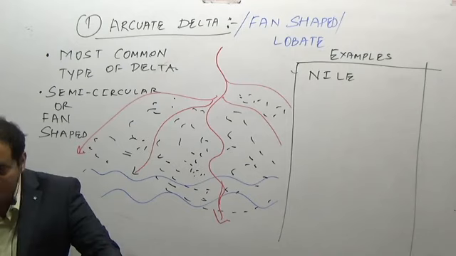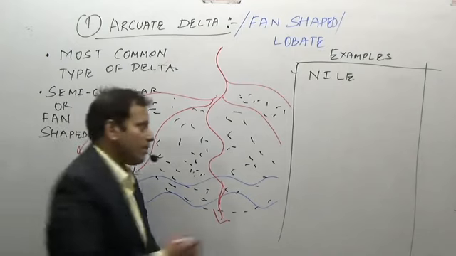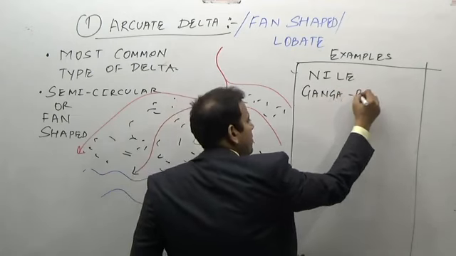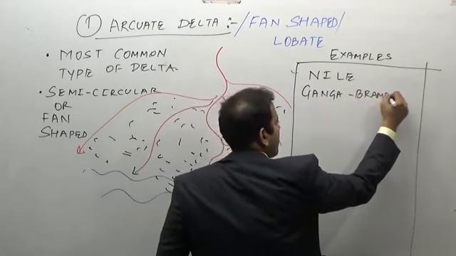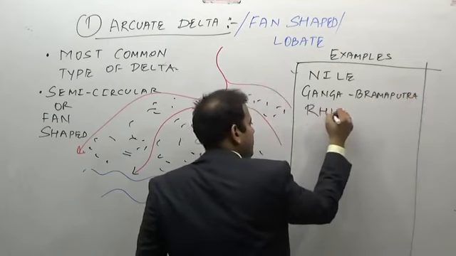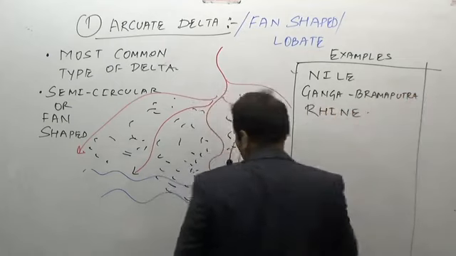River Ganga, Brahmaputra. River Rhine. Where is River Rhine?